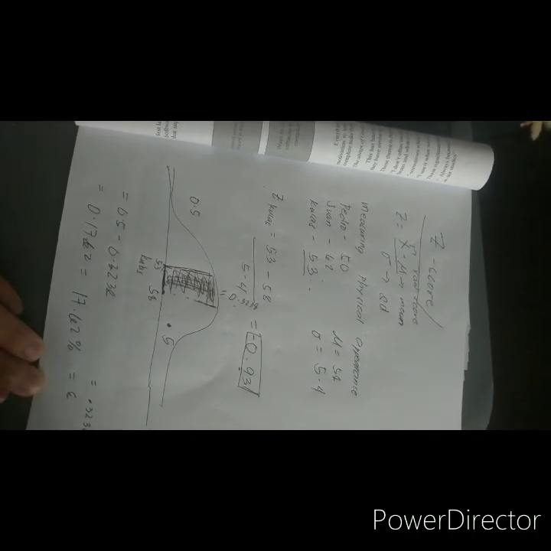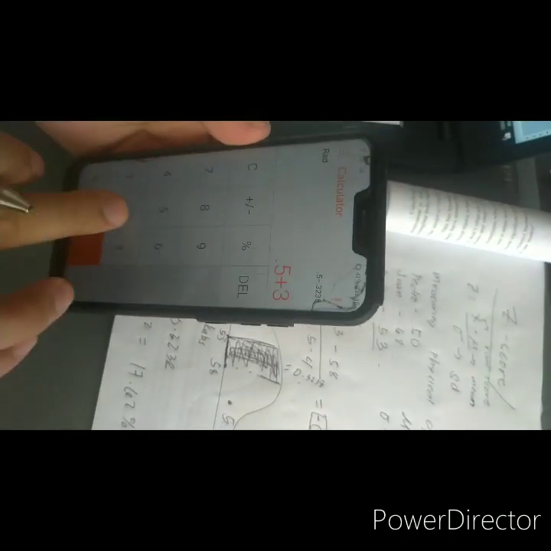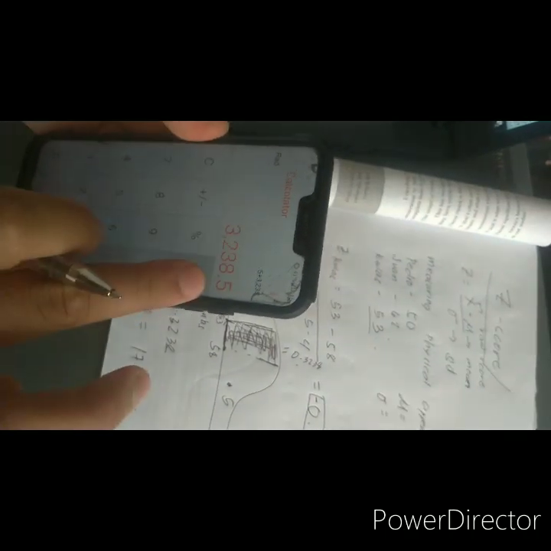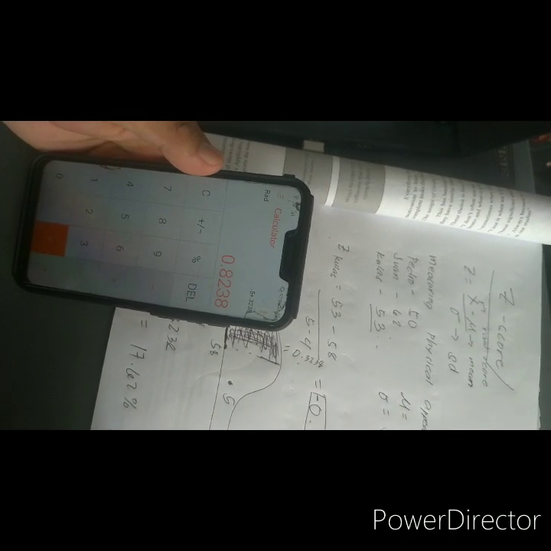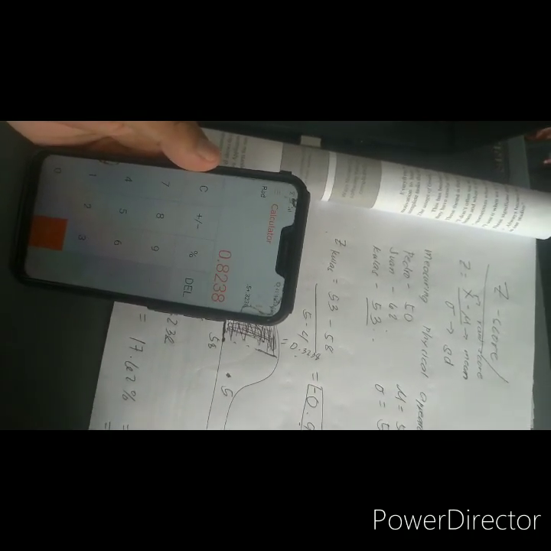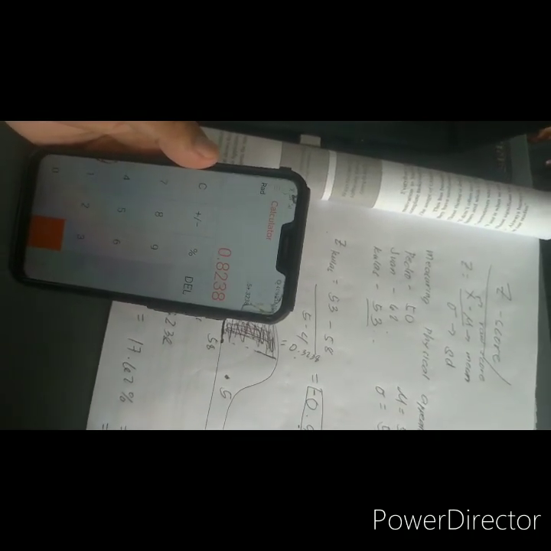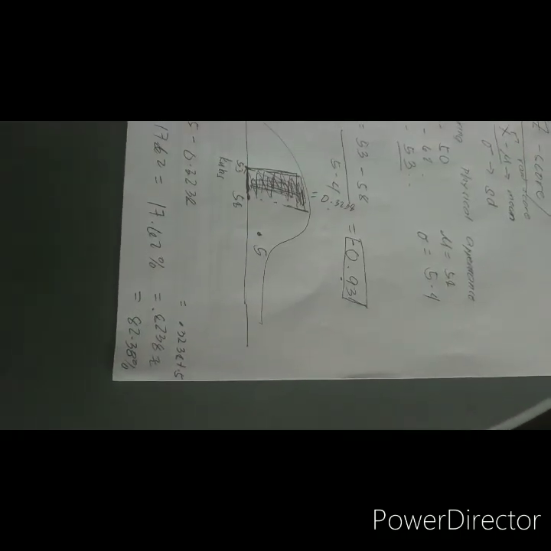Let's see. 0.5 plus 0.3238 is 0.8238. Which means, if you are going to convert that, it is equal to 82.38%. So, did you get it?